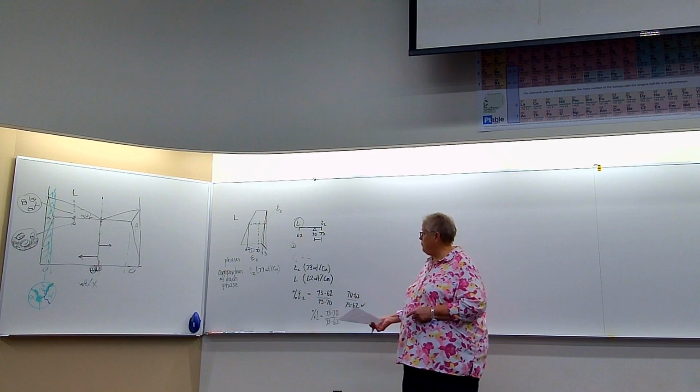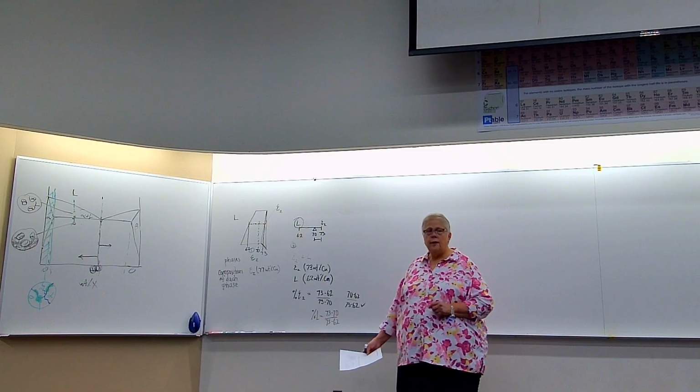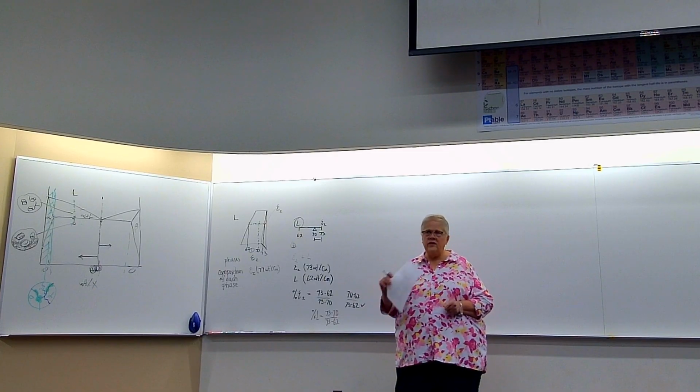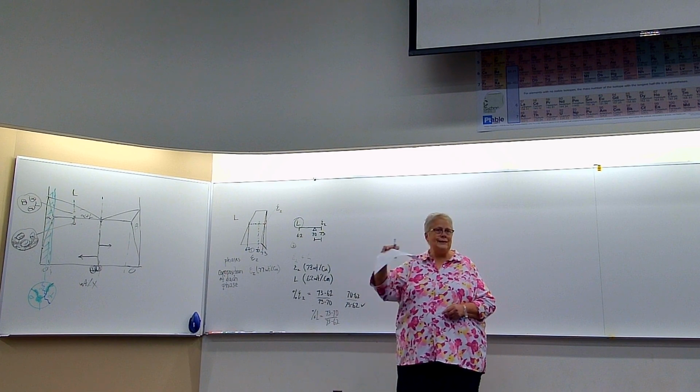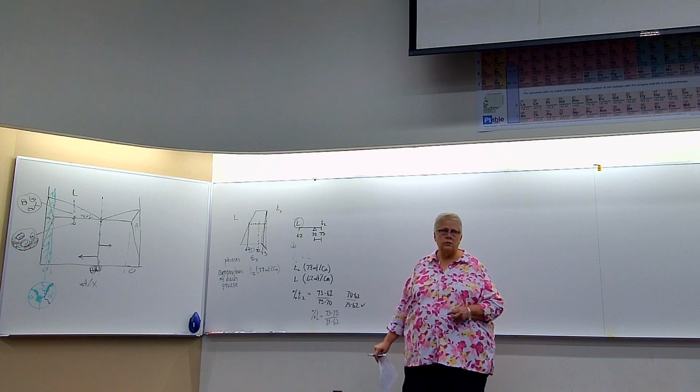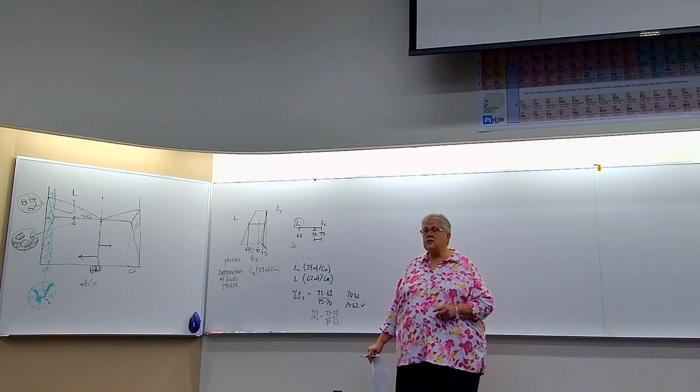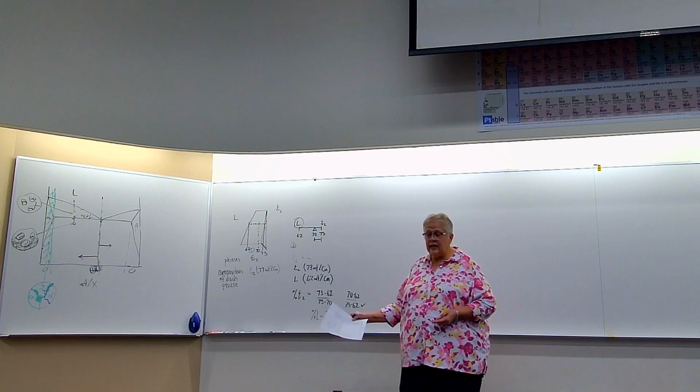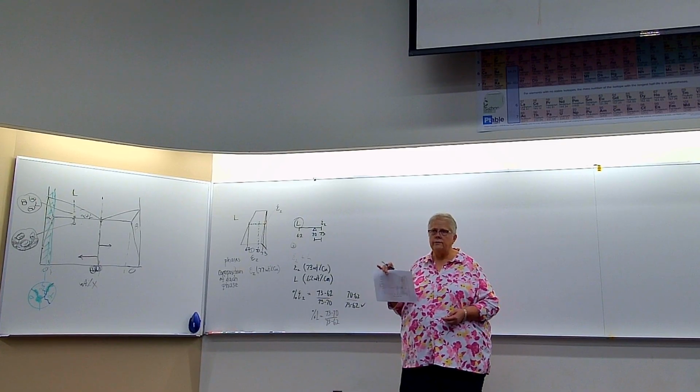Or it'll be a two-phase region, and the composition of each phase will be the endpoints of the isotherm line. And you'll use the lever rule to get the relative amounts of each. And that's true for a eutectic phase diagram, even a really complicated one.